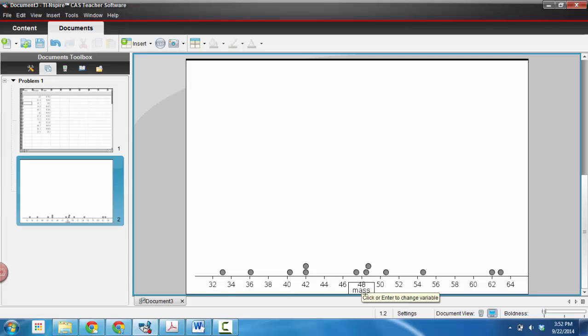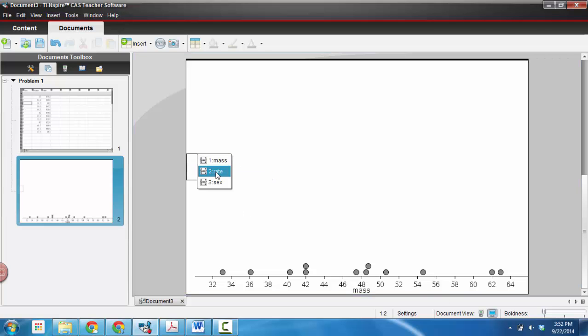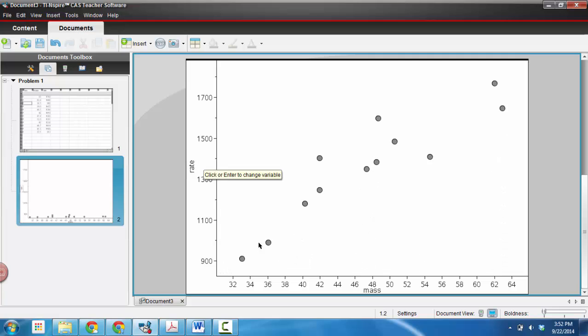So I'm going to put that as my explanatory variable, and then over here I'm going to put in rate. So this is what we have for a scatter plot for females in terms of their metabolic rate compared to their mass.